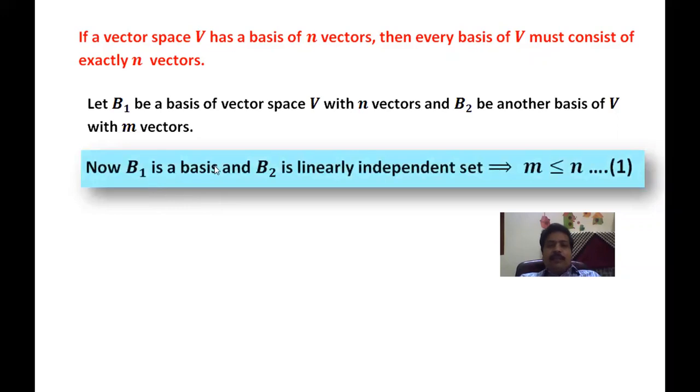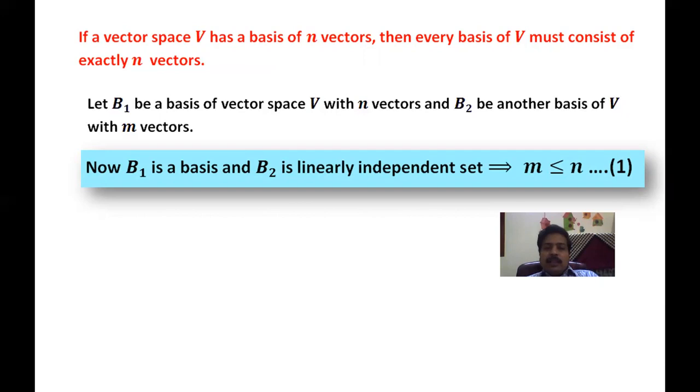Now B1 is a basis and B2 is a linearly independent set. Since every basis has two properties, one is that it is a linearly independent set, and the second is that it can span the vector space or subspace which we are taking. So here B2 is taken as a linearly independent set, and B1 is a basis.